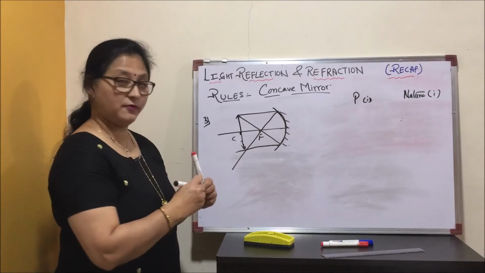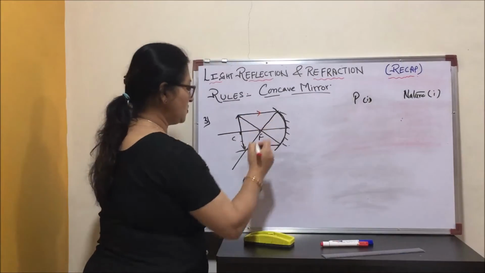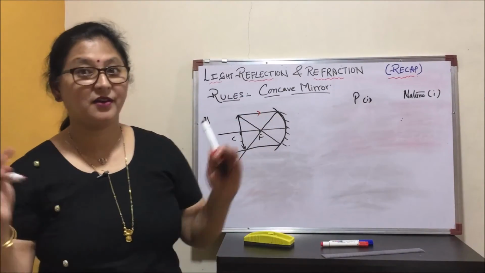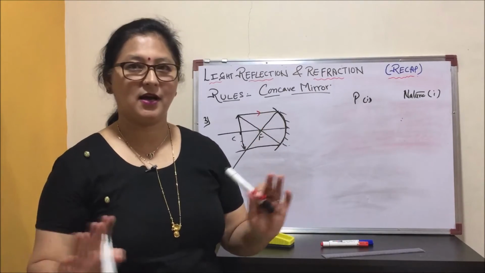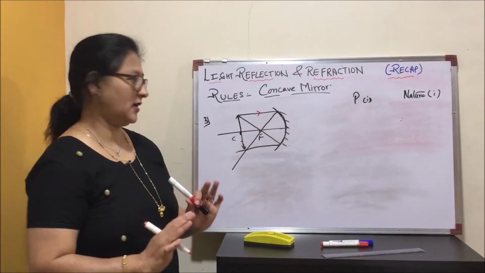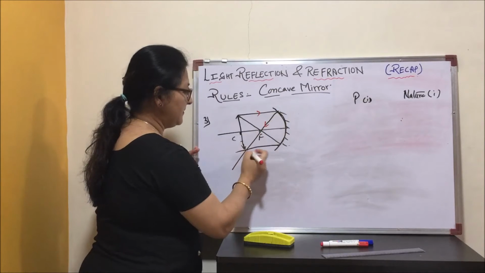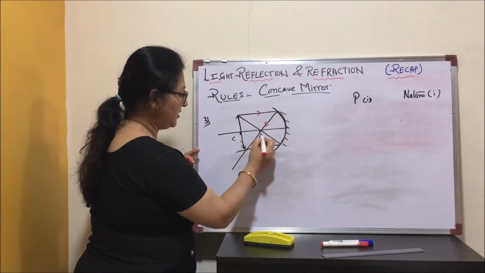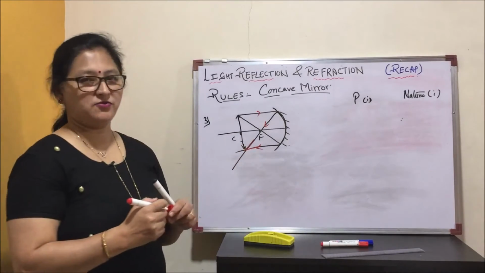One thing you need to understand: an image will form only when the reflected rays are meeting. Incident rays don't play any role in the formation of images. This is my reflected ray, and this is also a reflected ray. When these two reflected rays meet, then the image will be formed.